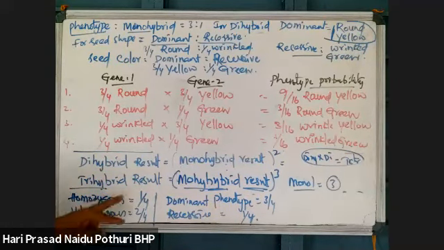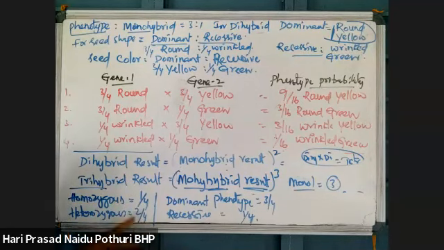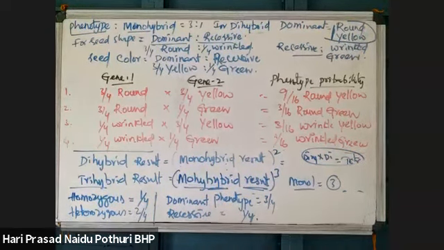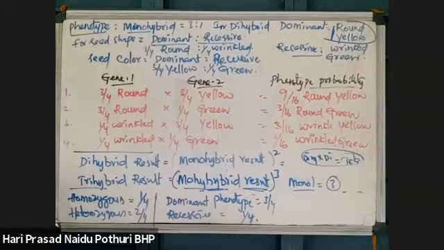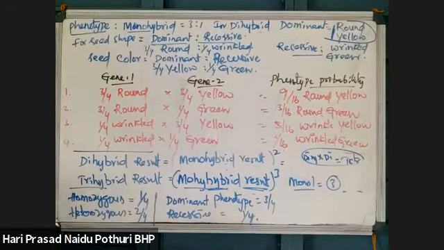For calculation purposes we can use this: homozygous genotype probability is 1 by 4, and heterozygous genotype probability is 2 by 4 for every gene. Homozygous means homozygous dominant 1 by 4, homozygous recessive 1 by 4.